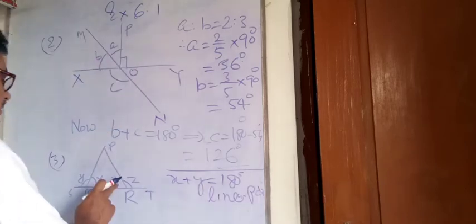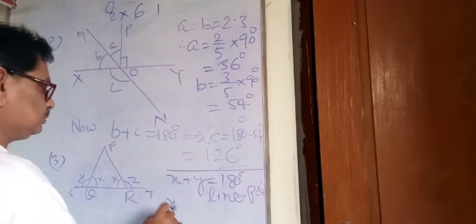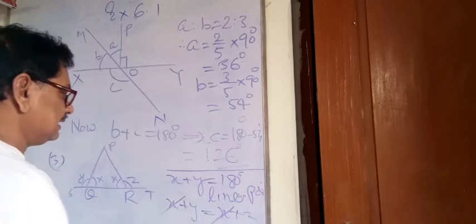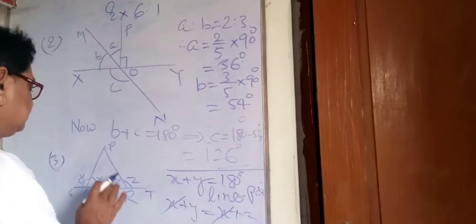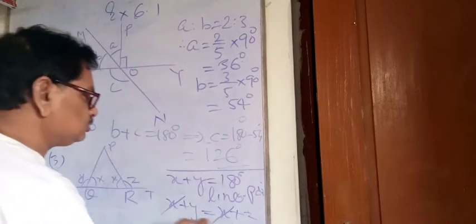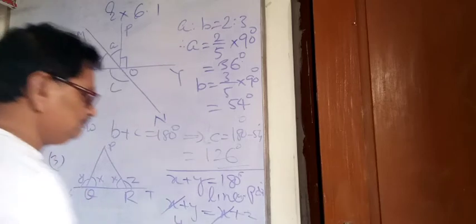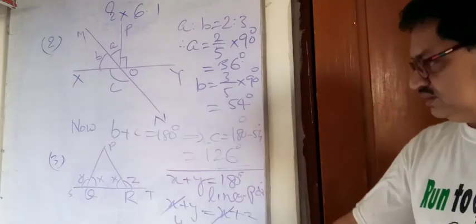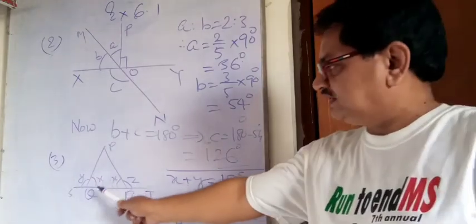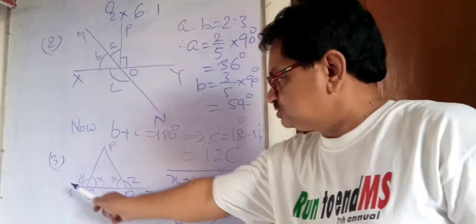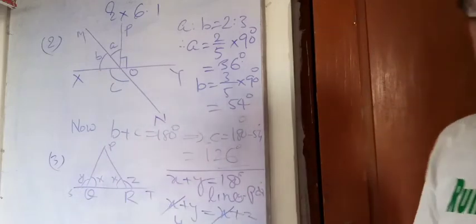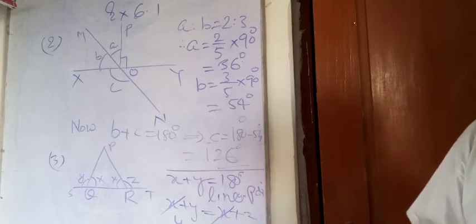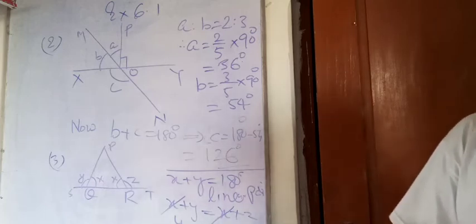Similarly, x plus z is also a linear pair. So x plus y will become x plus z. You can cancel x and x, and now you can get y equal to z, and it was to be shown. So in this way, we can show that these two angles, PQS and PRT, are both equal. So now we will go for the fourth question.